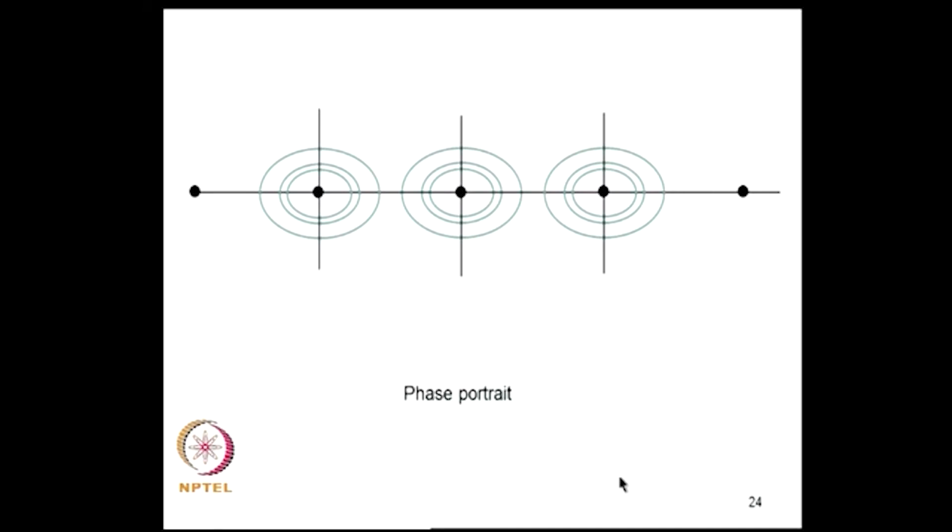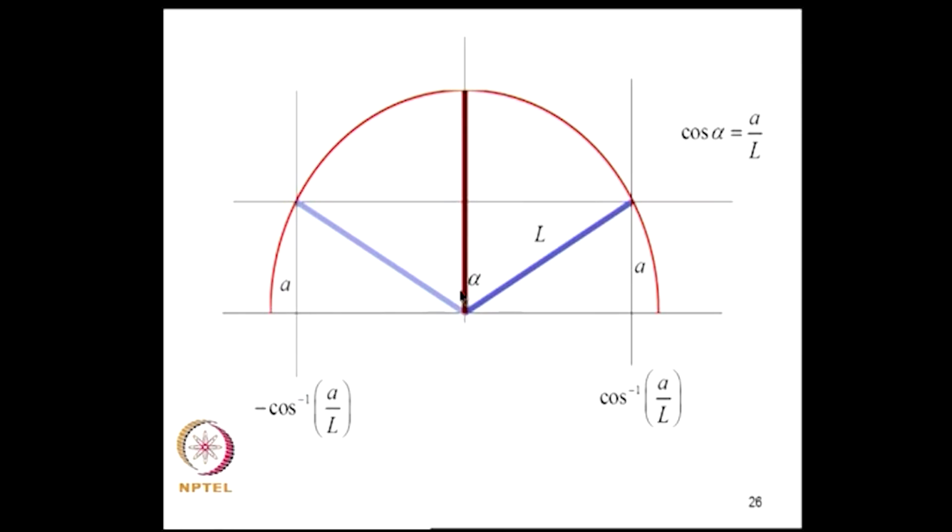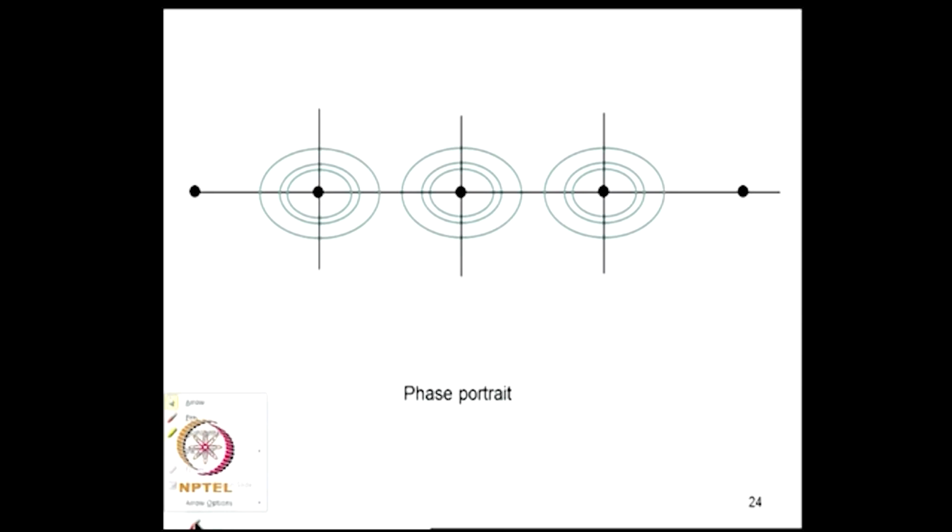So, we can plot on this axis the fixed points. Suppose this is the origin. Now, pi will be here, minus pi will be here.